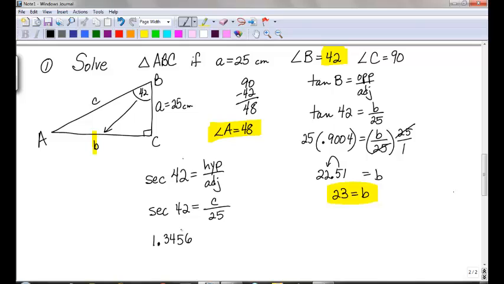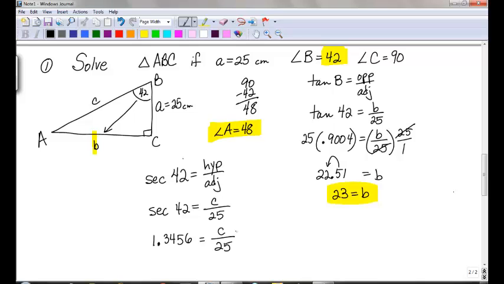If you do cosine of 42, do I close the parentheses and do the x to the negative 1? Must have to. So do cosine of 42, close the parentheses, and then the x to the negative 1. Should get the same answer, 1.3456 equals c divided by 25.